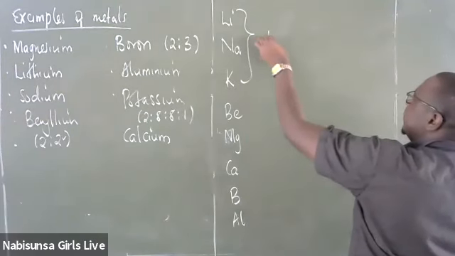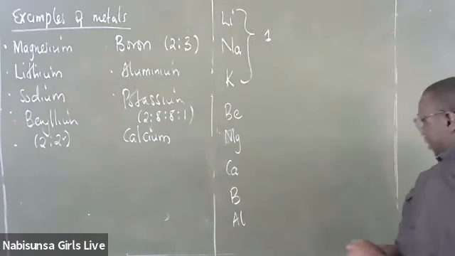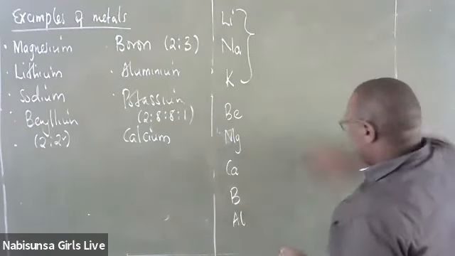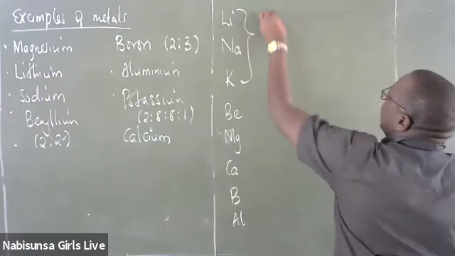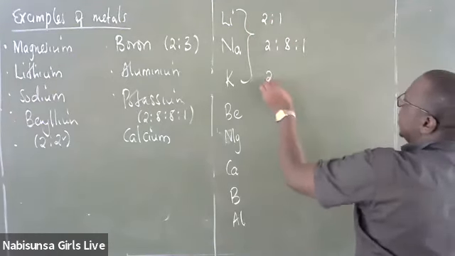Aluminium. So these first 3 all have only 1 electron on the last level. Do you agree? To show you, some people may not get it: lithium is written as 2, 1, sodium as 2, 8, 1, and potassium as 2, 8, 8, 1.